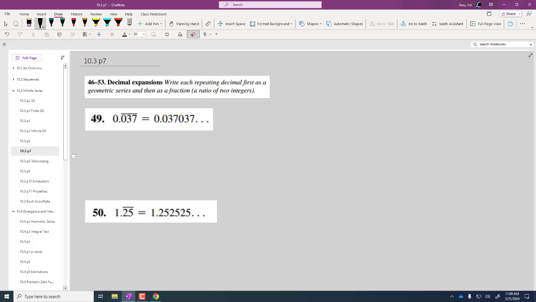But these are geometric series. So let's treat it like a geometric series. This is a geometric series. So let's think of it this way. I'm going to break this apart as follows.